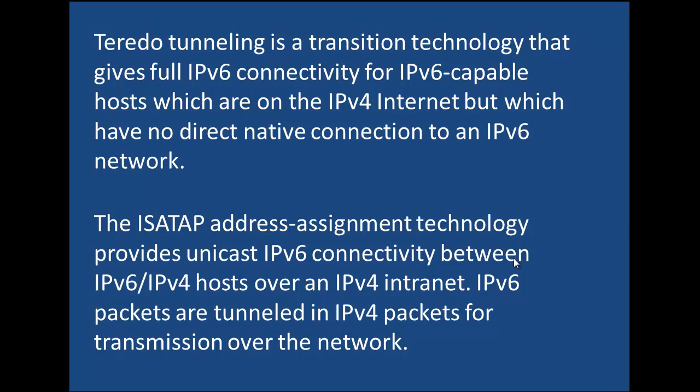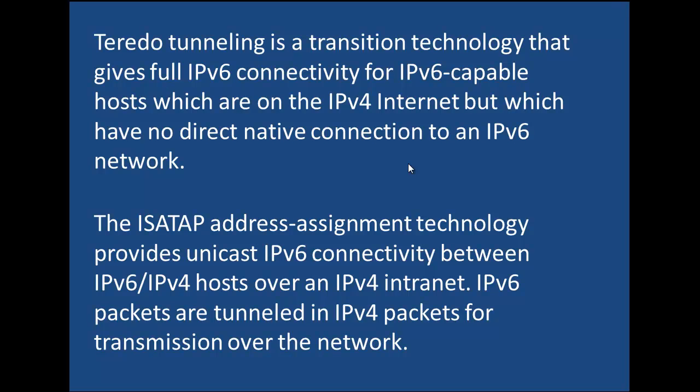To recap, Teredo tunneling is a transition technology that gives full IPv6 connectivity for IPv6 capable hosts, which have no direct native connection to an IP6 network. The ISATAP address assignment technology gives us unicast IPv6 connectivity between the version 6 and the version 4 host over the IP4 intranet.